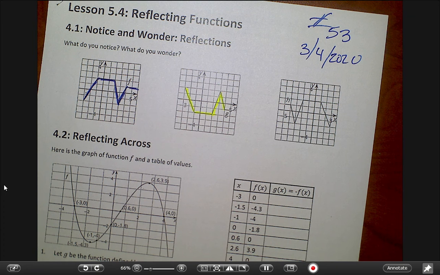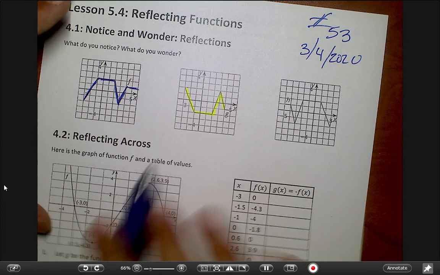Try again. Dilation. Yeah, dilation. That's our fourth one.